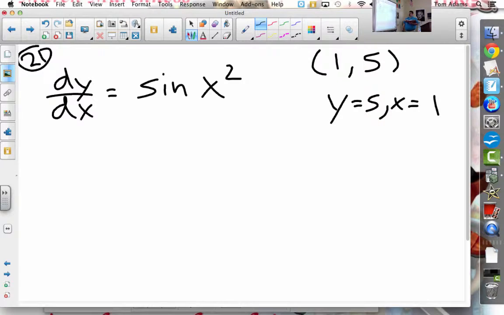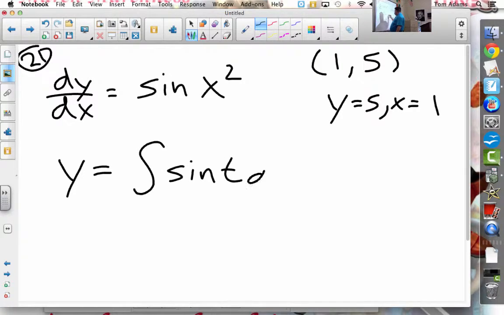So what we want to know is what is y? Well, y, based on the fundamental theorem of calculus, is just the integral of sine of t squared dt, and from here what we would do, we would evaluate that from 1 to 1.